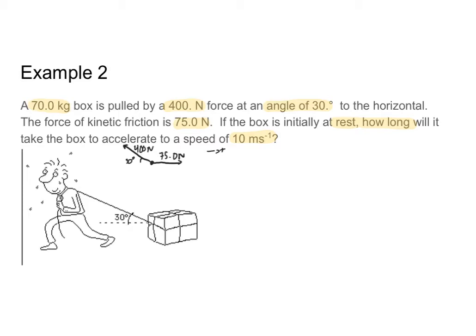And I know from my previous video that the x component of my applied force, so FA in the x direction, is going to be FA times the cosine of my angle, or 400 times the cosine of 30.